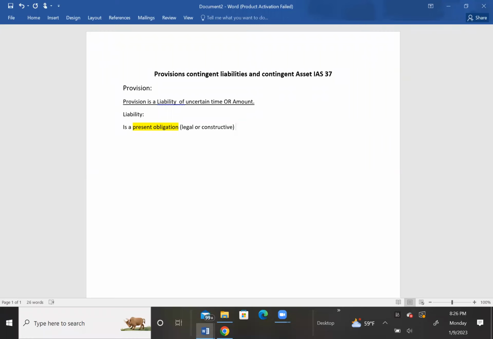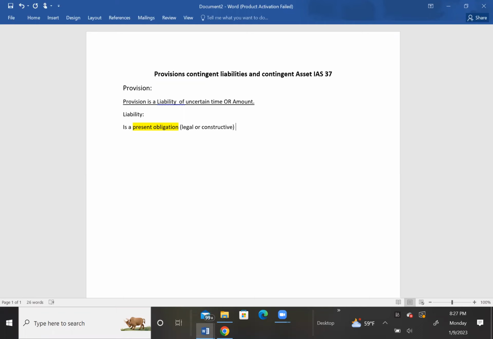A breach of contract, that is legal obligation. And constructive obligation means that there is no specific legal requirement, but the entity's own practices create an expectation in the other party that the entity will fulfill its obligation. That is known as constructive.